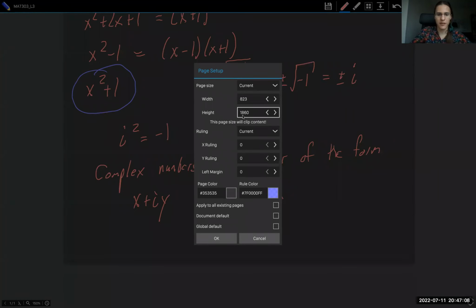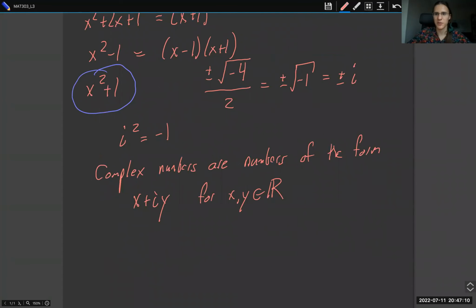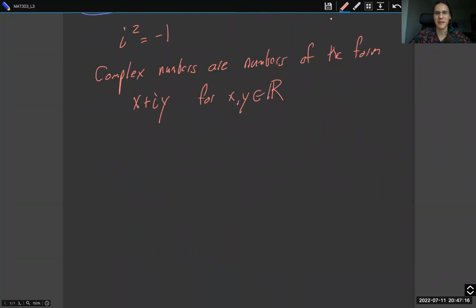I should have given myself more space. I don't like it when I have to expand by touching at the bottom. Okay, so let's imagine that you have, let's say, a plus ib times c plus id. And so if you were going to expand this out, then you would never use the acronym FOIL.